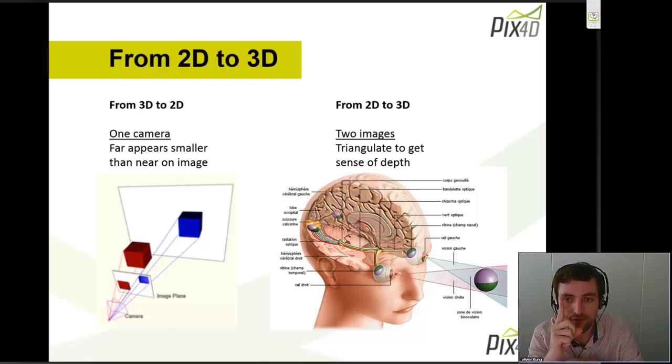If I put my finger in front of one eye, it is very close, but if I look with the other eye, it is further away and the object has a different size. The brain computes the difference of size between these two images, and by doing so it is able to triangulate the object and compute back the depth information, which gives you back the 3D information.